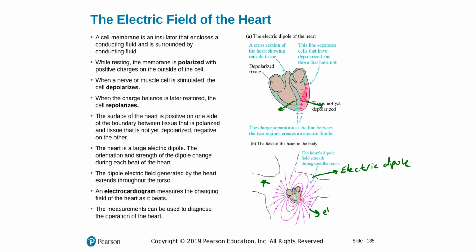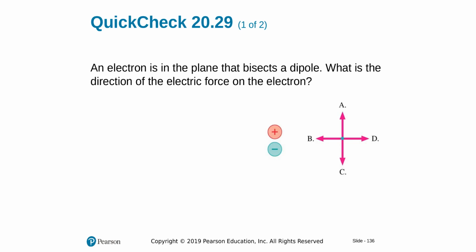These are electric field lines. And as we measure an electrocardiogram to check how the heart is working, if it's rhythmic or if it has any trouble, we actually measure that electric field. Isn't that cool?